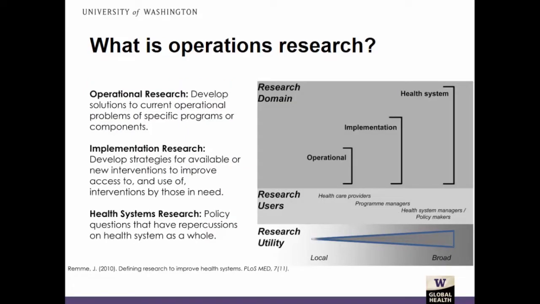So, if you remember back to the first Introduction to Implementation Science class led by Dr. Kenny Scher, he describes this figure showing the differences between operational, implementation, and health systems research.